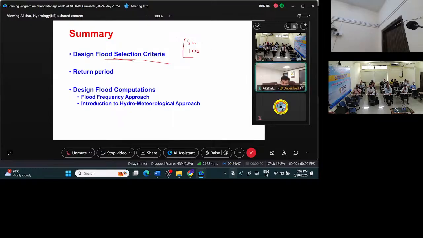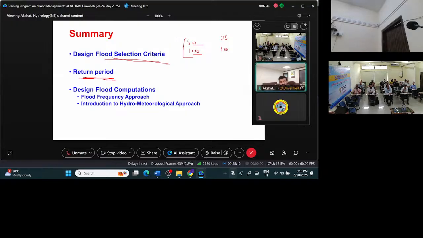In rural areas it will be 50, whereas in urban areas and townships it will be 100. And if flood protection works are not there, then for rural areas the embankment flood criterion is a 25-year return period flood, whereas in urban areas it is 100, right?